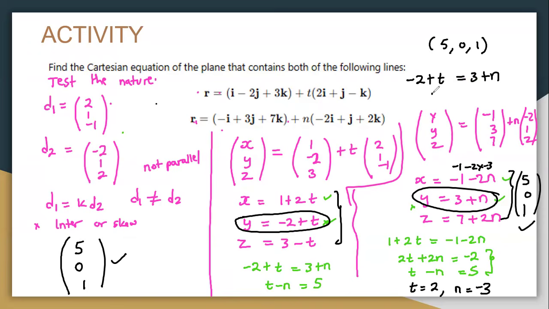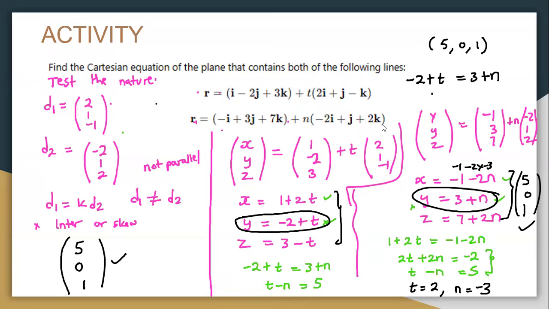Okay. So I'm looking through the chart. Yes, you need to test. Yes, Matia, because when the lines are not intersecting and they are not parallel, it means that those are skew lines.